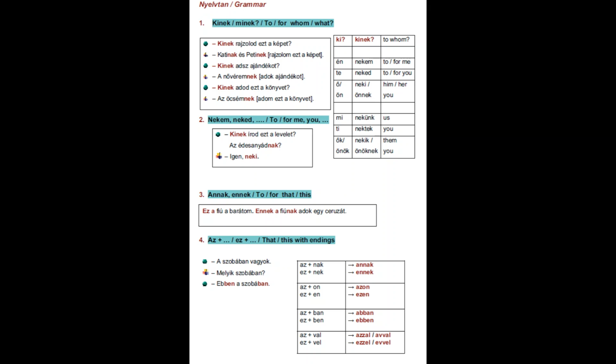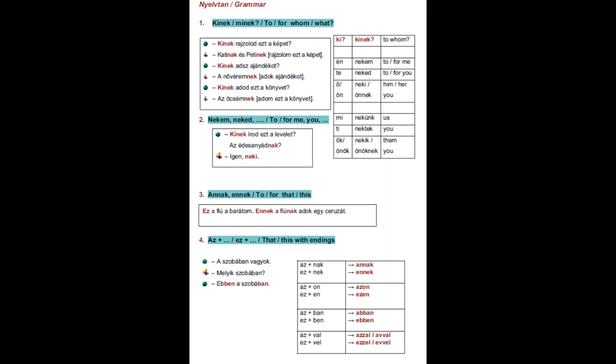So, next sentence. Kinek adsz ajándékot? Who, to whom are you giving presents or a present? Kinek adsz ajándékot? Say it with me. Kinek adsz ajándékot?